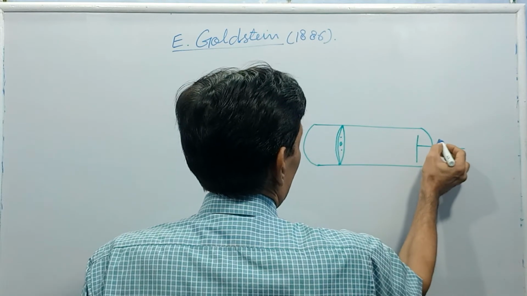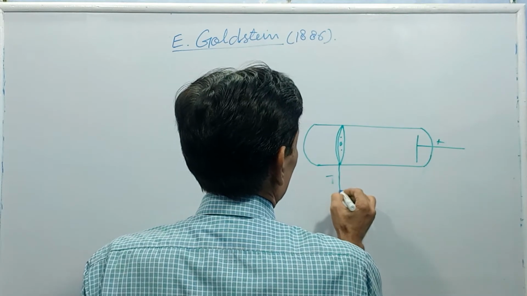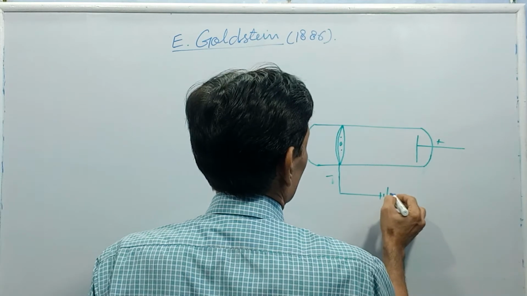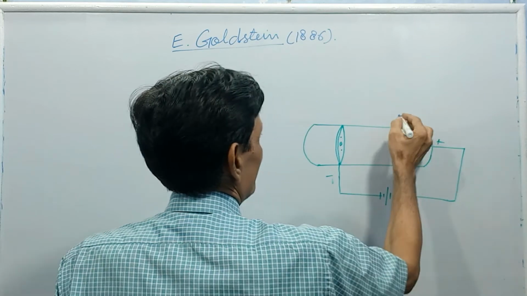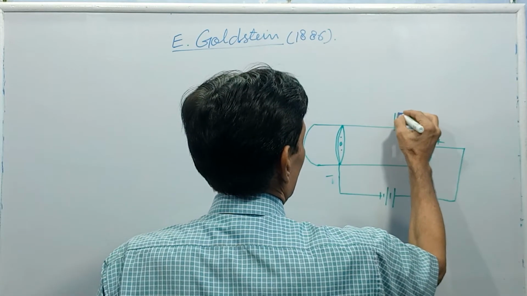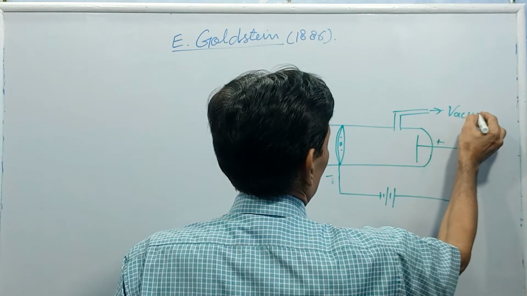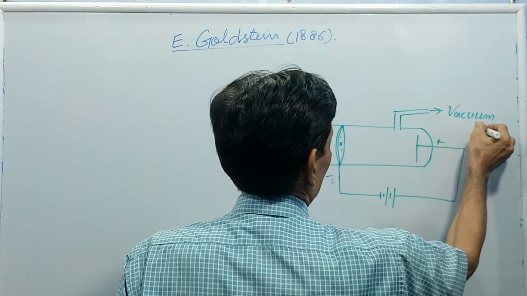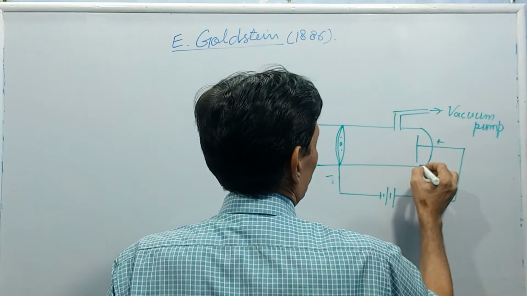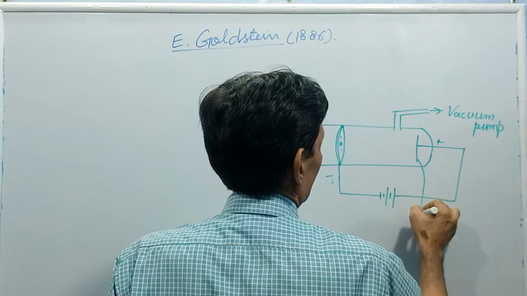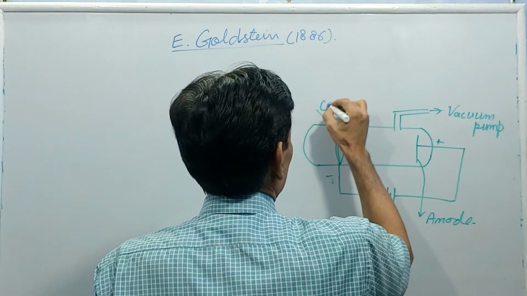Now this is positive, and this was connected to the negative source, high voltage. Here it was going to the vacuum pump. That was the anode, and this was the cathode.